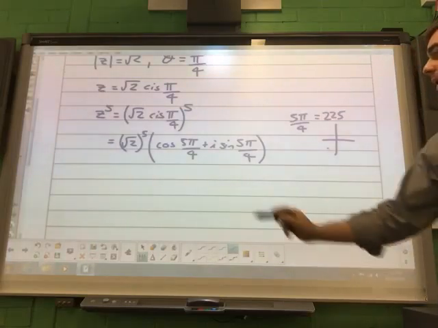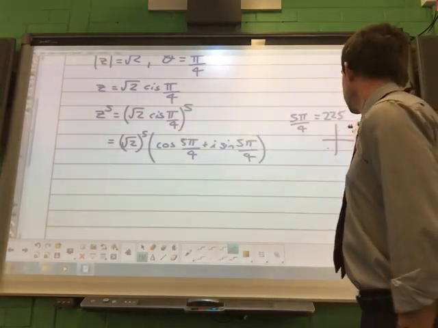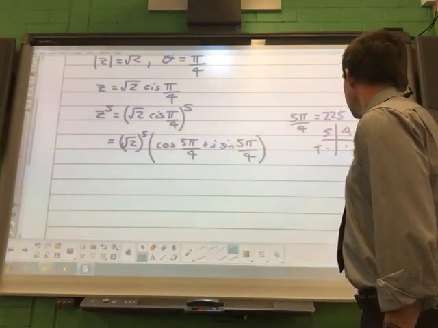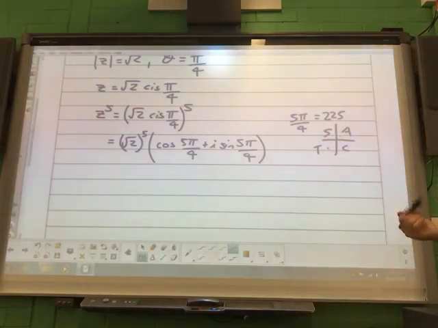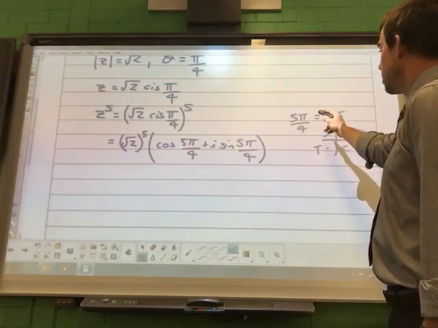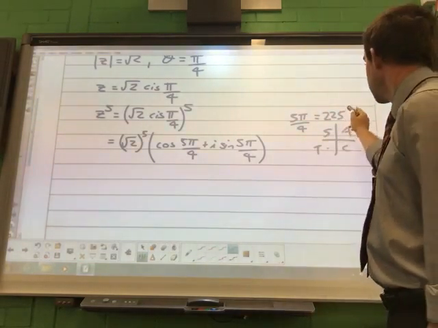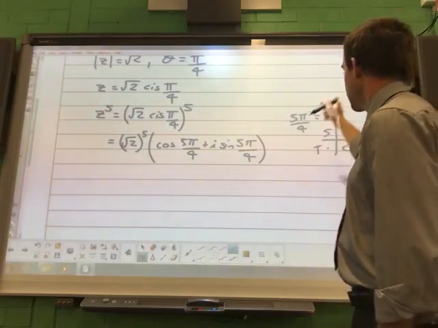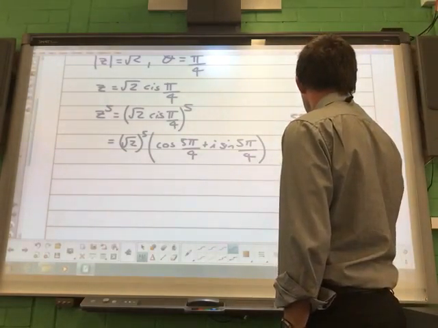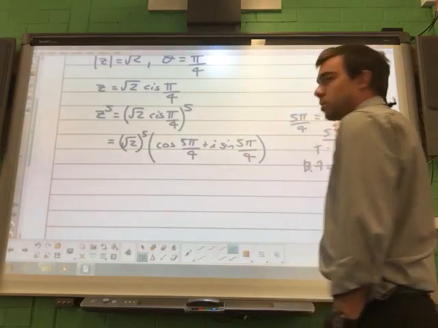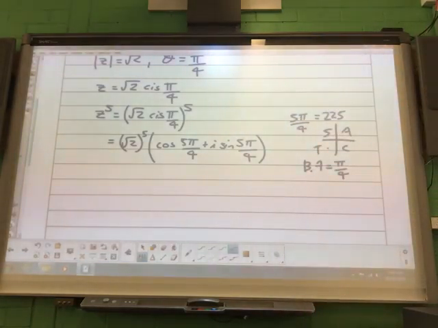That's where we need to consider the sign for both cos and sine. In the third quadrant, both cos and sine are negative. We're treating it as the basic angle of pi on 4, because that's halfway between 180 and 270. Both will be negative because both sine and cos are negative.